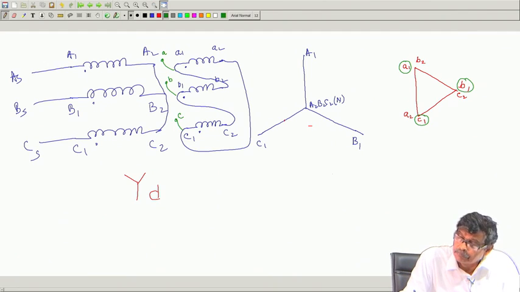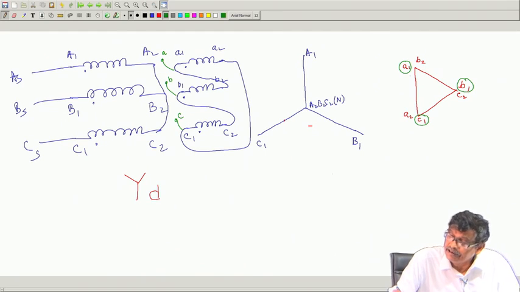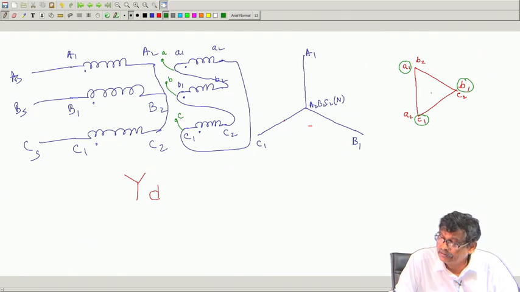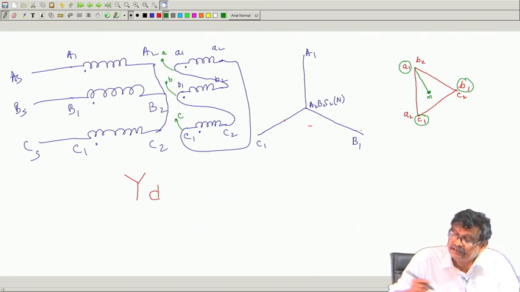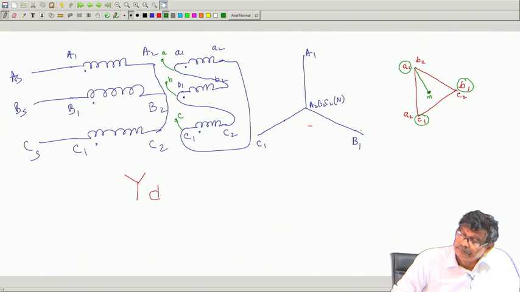This is the neutral of primary, this is the phase voltage here A1 n. Where is the phase here? Where is the neutral? Centroid. Therefore, your phase voltage with respect to the secondary artificial neutral is this length. And where is your primary voltage?